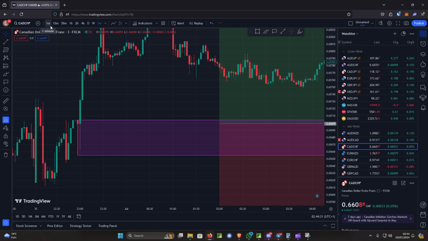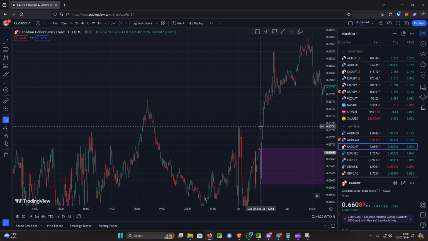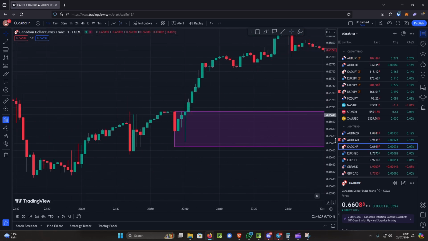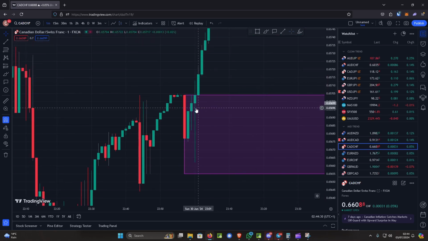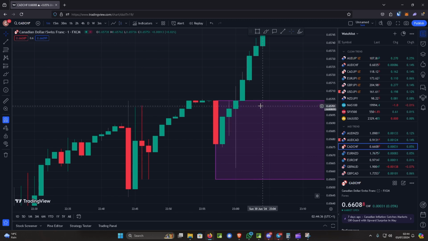So if you go into the 1 minute, what we can do is see right within this 3 minute order block, we have this big wick. Now, I was taught this when I was learning a lot of trading concepts, something called the wick trick. So essentially, the candle started here, the body started here, this is where the candle opened, and the candle closed up here.